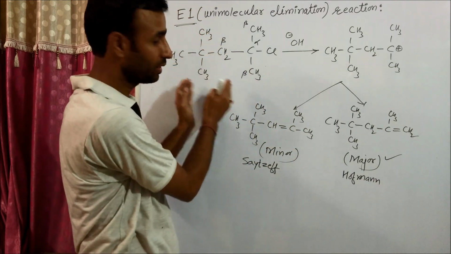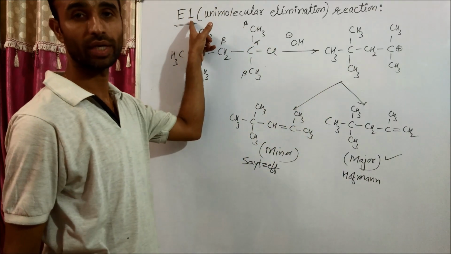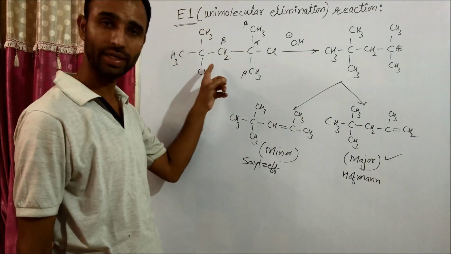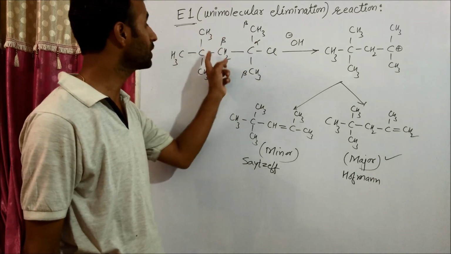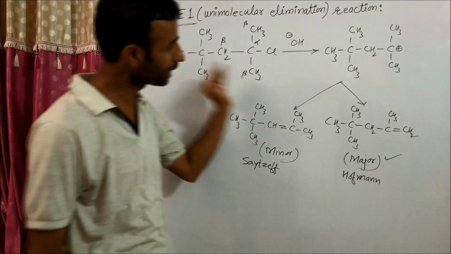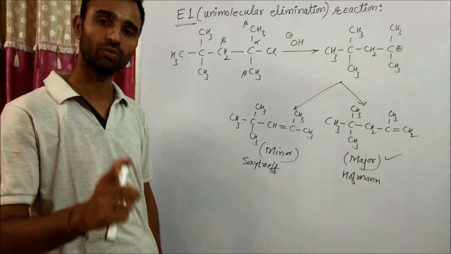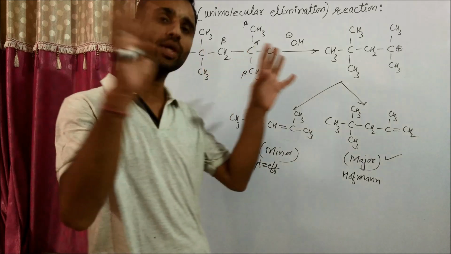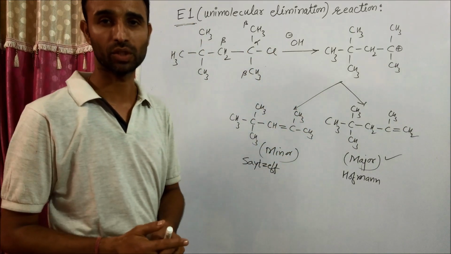Because of steric reasons, we get Hofmann product even in E1 reaction. So keep in mind, there is one case when one of the beta carbons is sterically hindered, then we get Hofmann product as the major product in E1 reaction. Otherwise, in all the other cases, we get Saytzeff product as the major product.